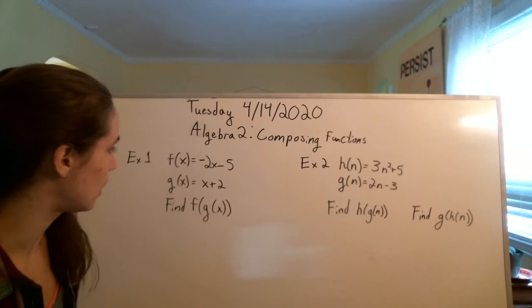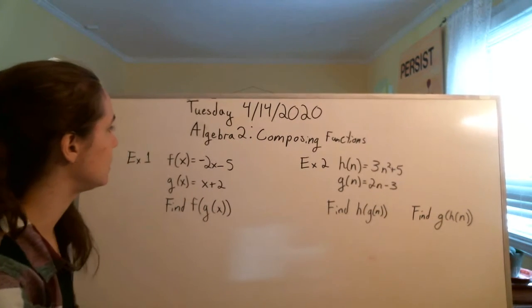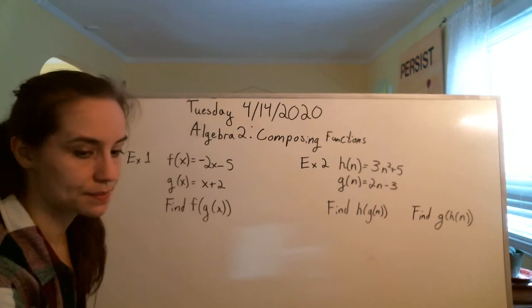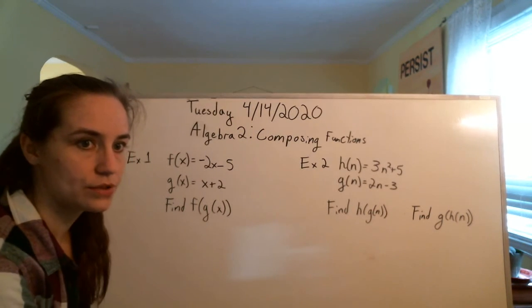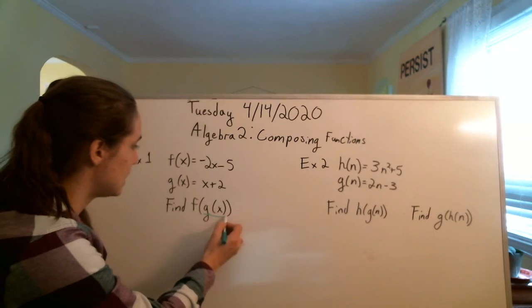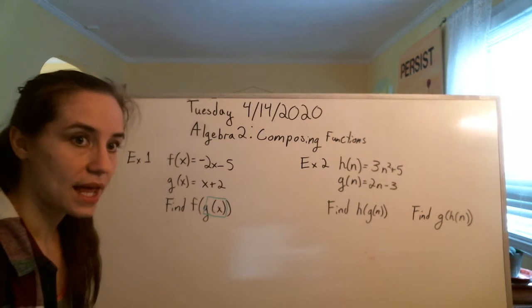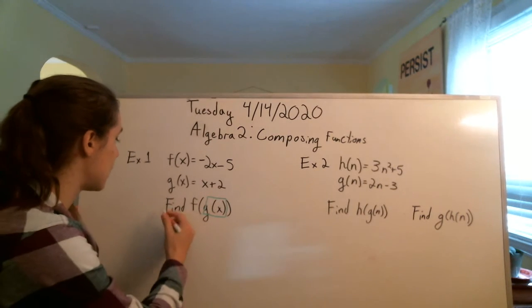So when you think of this problem, it gives us f of x equals negative 2x minus 5 and g of x equals x plus 2. So what we're going to say is g is inside that f of x. So when I start writing my f of x, I'm going to write it out like this.